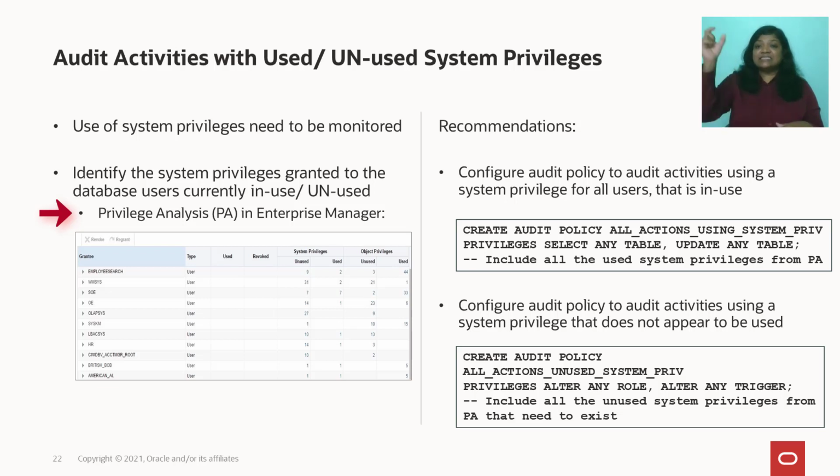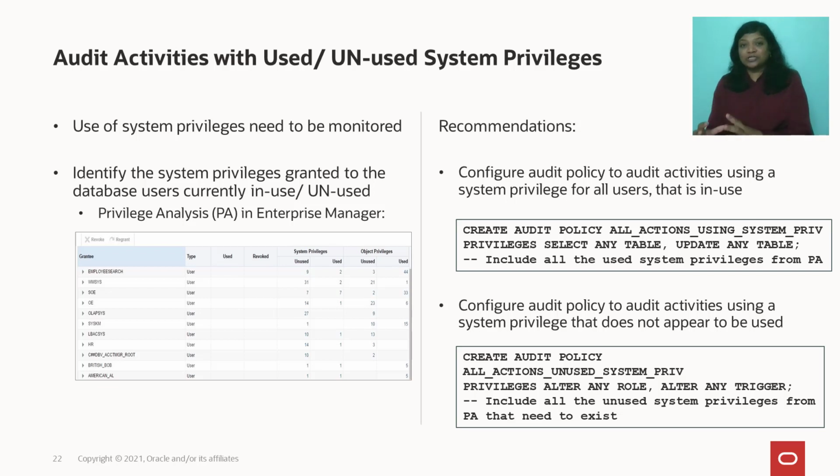Privilege analysis dynamically analyzes the privileges and role usage of database users and application service account. Privilege analysis generates reports on what privileges and roles are used in the system and what are not used in the system.